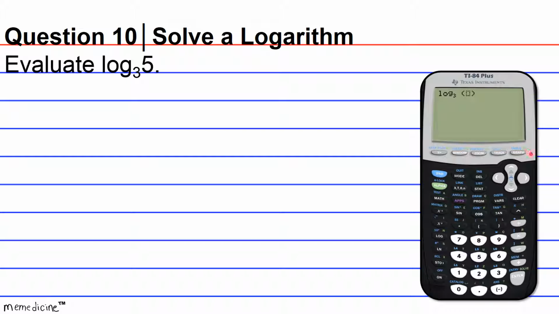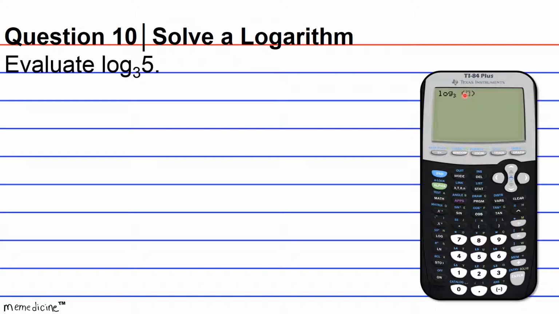Then press the right arrow to exit the base specification feature, and enter your power or your result here. Remember, a logarithm is actually the inverse of an exponential equation. So the number that you're shown is actually the result rather than the exponent.